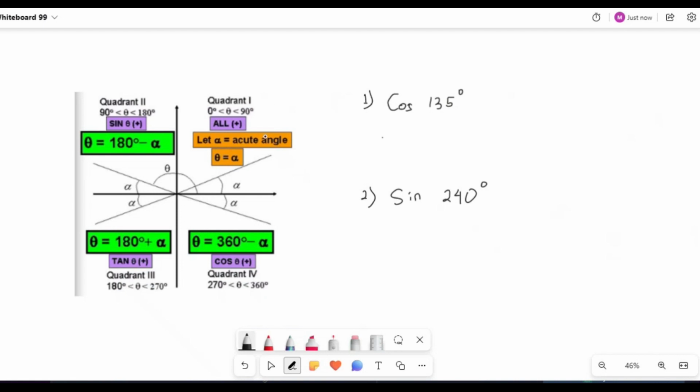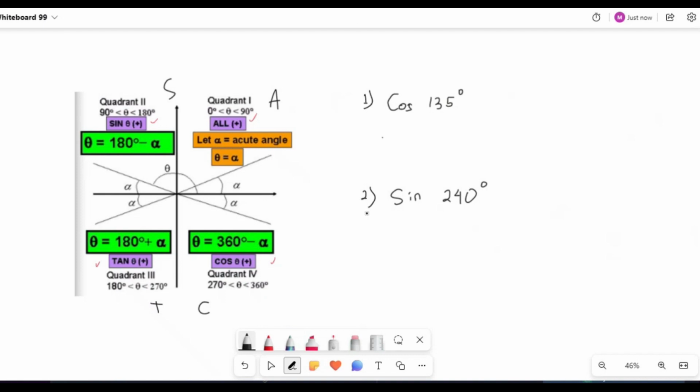I already put the formula here, and the purple section, could you see? This is a condition that we also know: all, sine, tangent, cos, or we can put it short as ASTC. So this is our guidance to set the sign of our trigonometrical function later on.